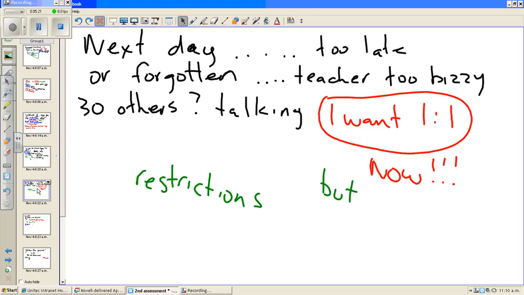If I think about myself, the time where I actually do deeper thinking is usually at 2 o'clock in the morning. So then if you've got questions from your thinking, the next day it's too late, or you've forgotten it, or the teacher's too busy, or there's 30 other students that want help. Yeah, what I want is one-to-one. When? Now, right now. But there's restrictions.